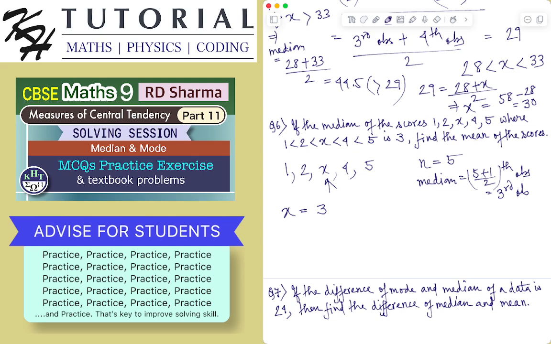Now the problem has asked to find the mean of the scores. So the mean will be the sum of the observations, 1 plus 2 plus 3 plus 4 plus 5, divided by the number of observations, which is 5.